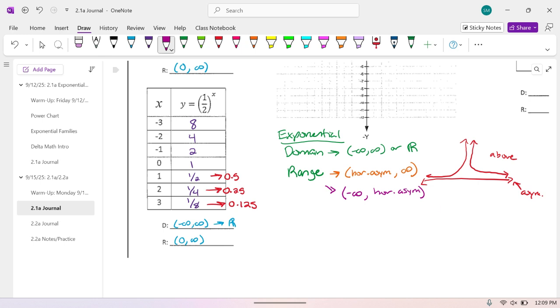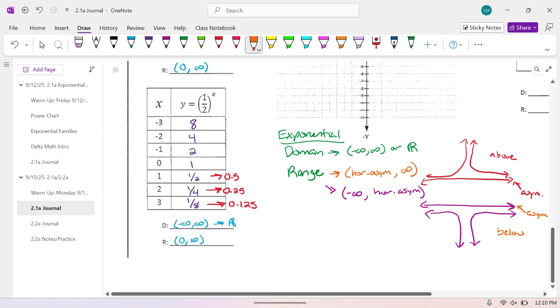And that only happens if your graph is below the asymptote. So if it looks like this or this, which it does happen with exponentials, so it's below the asymptote, you would get that type of range. All right, so that's kind of your cheat sheet for finding domain and range for exponential functions.